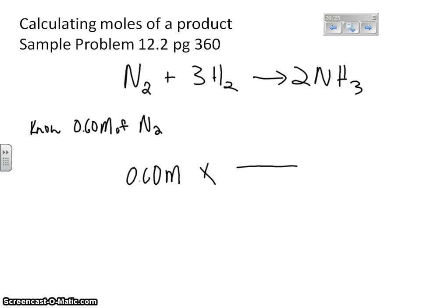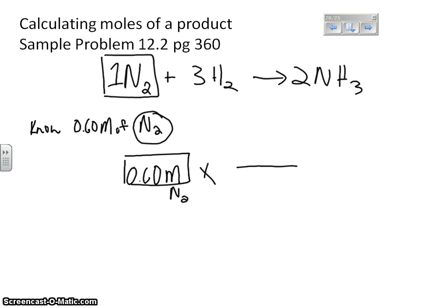And the deal is you take what's given here. So what is given here was moles of what? N2. So what's our conversion factor? How many moles of N2 do we have here? Well, you know that if it's not shown, it's 1. So it's 1 N2.